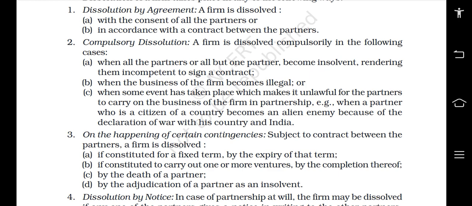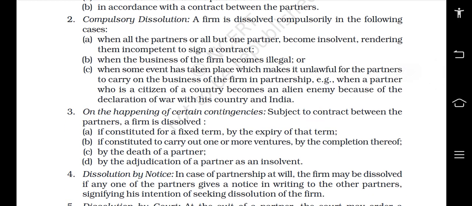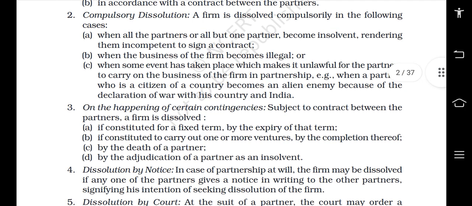When the business of the firm becomes illegal, suppose the business is going in an illegal way, at that time also the court orders to dissolve the firm compulsorily. When some event has taken place which makes it unlawful for the partners to carry out the business of the firm in a partnership, for example when a citizen of a country becomes an alien enemy because of the declaration of war with his country and India.